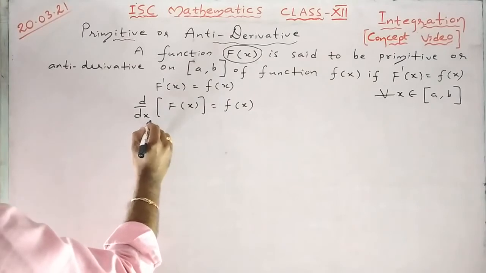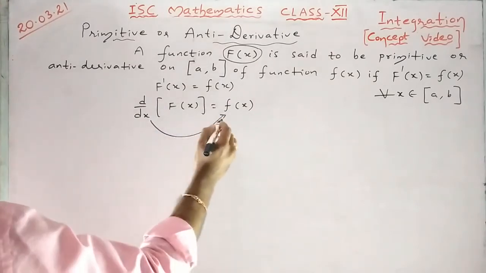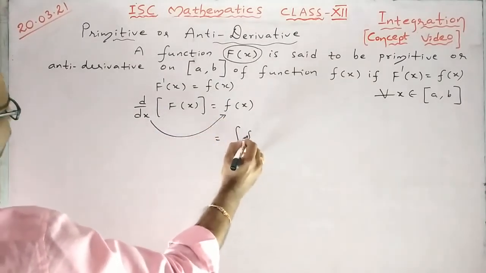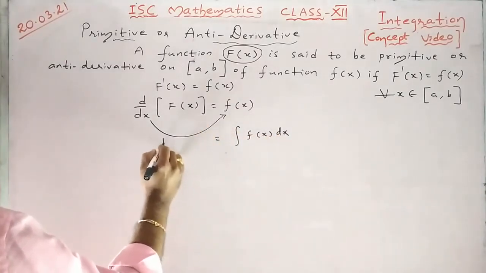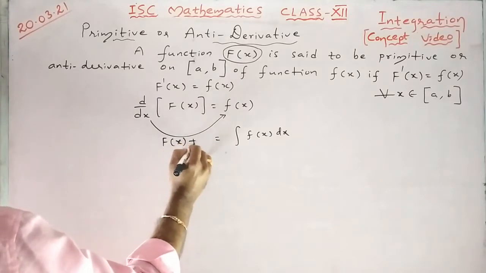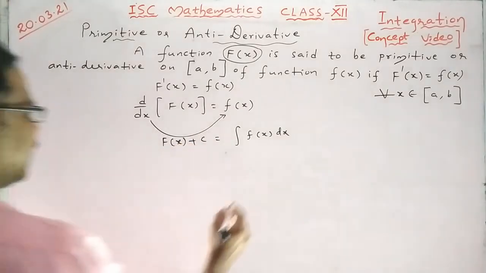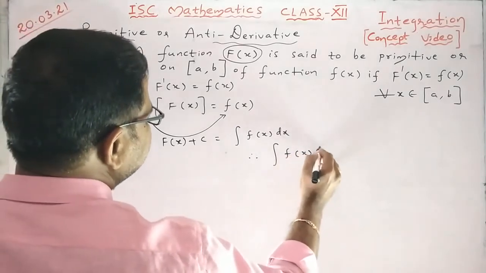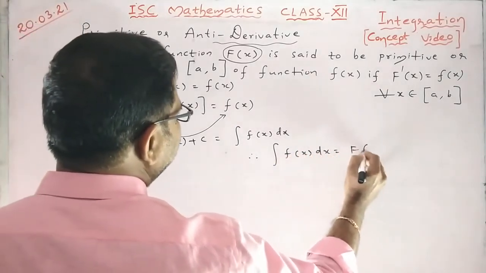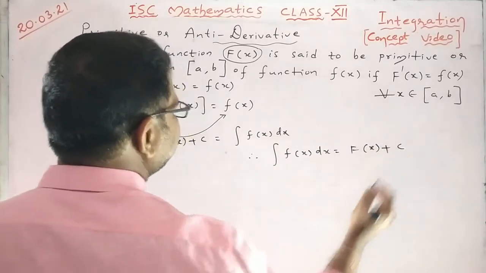If I shift this d by dx this side, this becomes integral f of x dx equal to F of x plus c. That means integral f of x dx equal to capital F of x plus c.